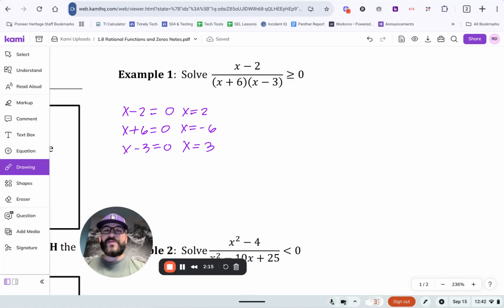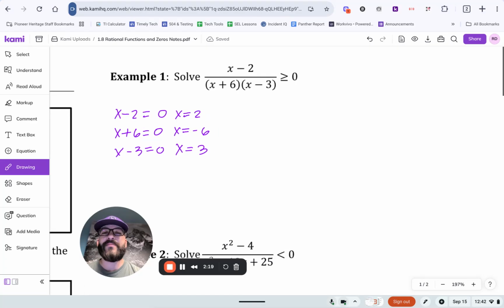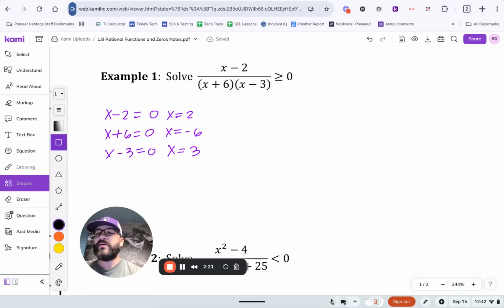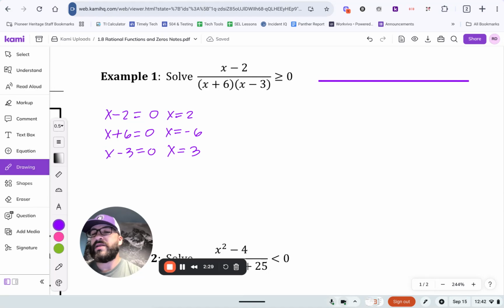Okay, and once we have all those zeros, we're going to go ahead and set up a number line just like we would for our polynomial inequalities. And then on that number line, we're going to put these same zeros in order. So negative 6, 2, and 3.